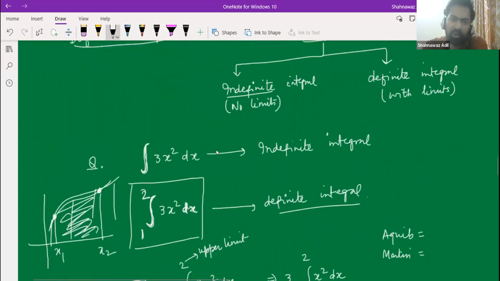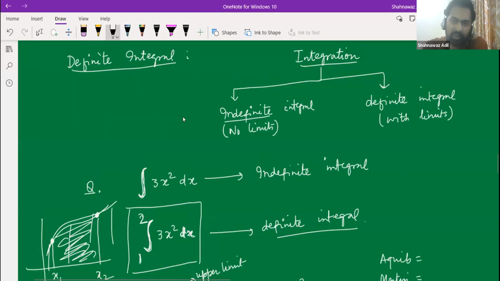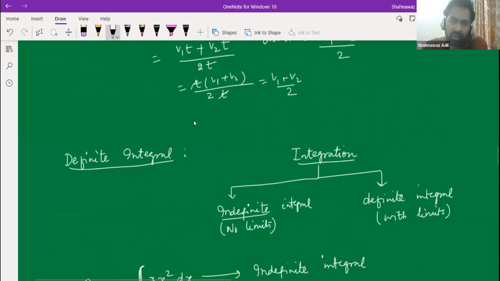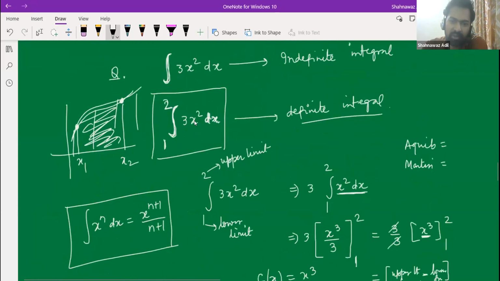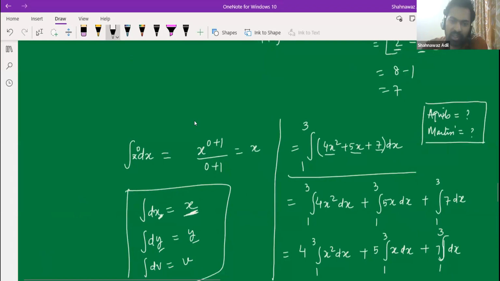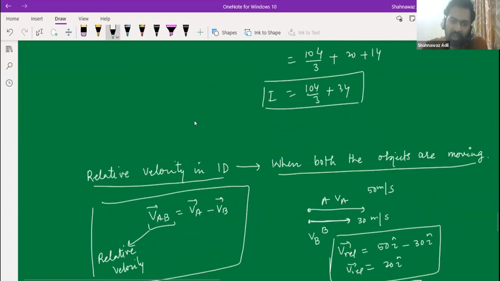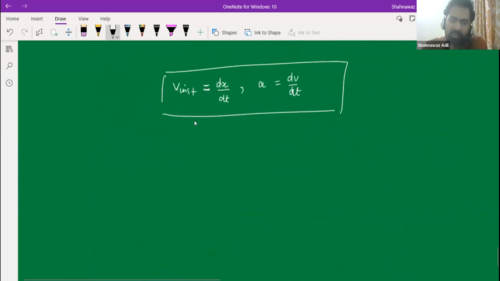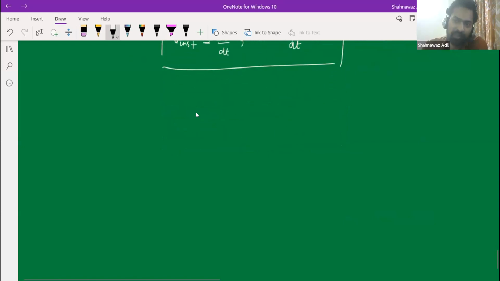And what about the calculus part? How is your calculus, guys? Differentiation and integration. Do you remember it, or do you have any doubt in the integration and differentiation part?